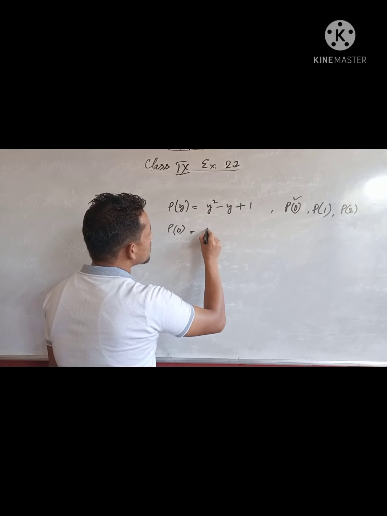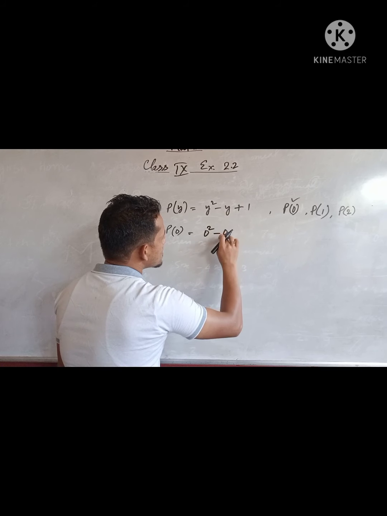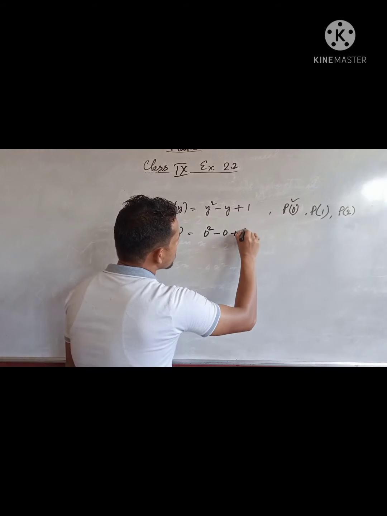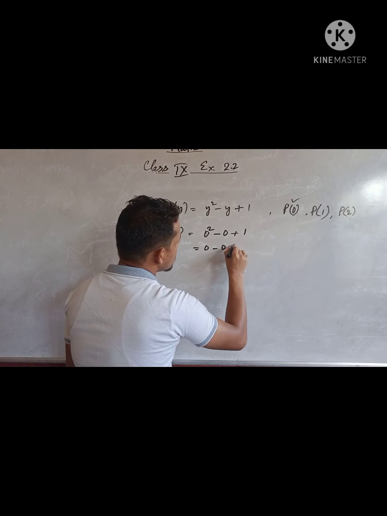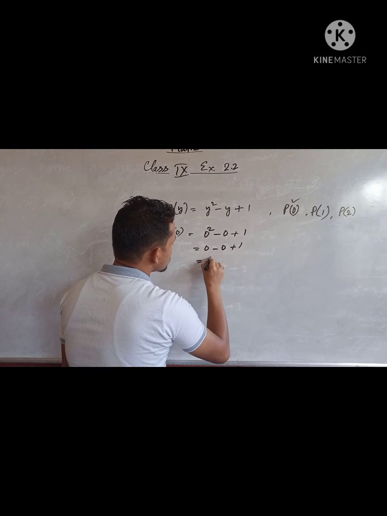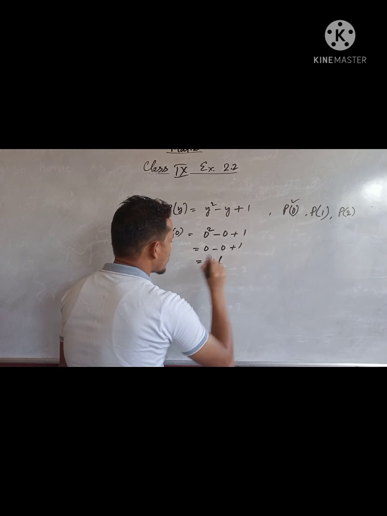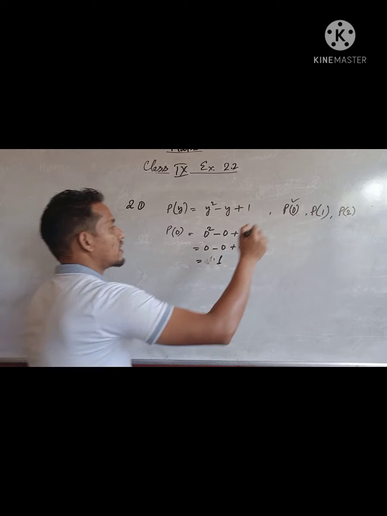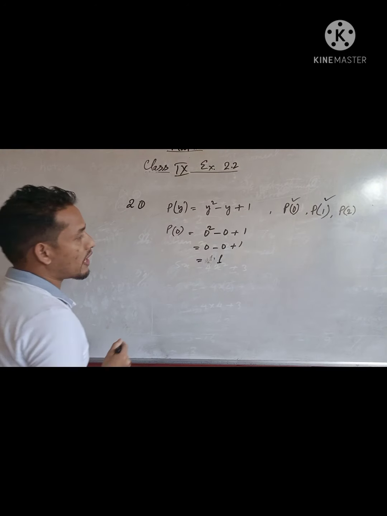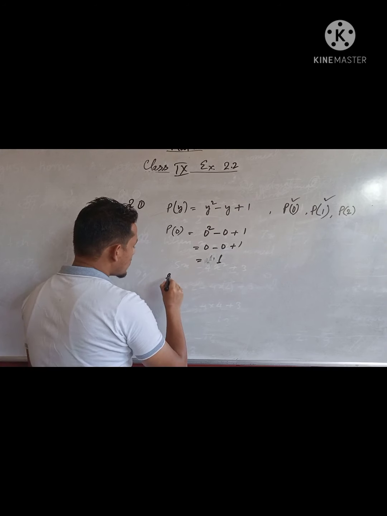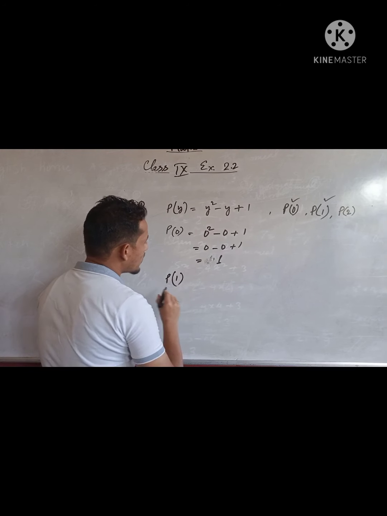So what we will do, this is 0 square minus 0 plus 1, which equals 0 minus 0 plus 1, so it is 1. Then next you will be doing this one. Polynomial is given 1 now. So P, instead of y it is given 1.